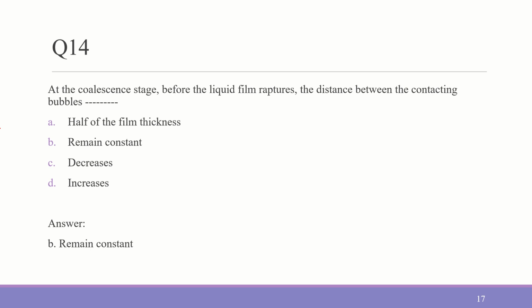At the coalescence stage, there is no need for the bubble to catch up or do anything, so the distance remains constant. Whereas in the approach stage, as in the last question, the trailing bubble goes with a faster velocity trying to catch up with the leading bubble, therefore their distance reduces.